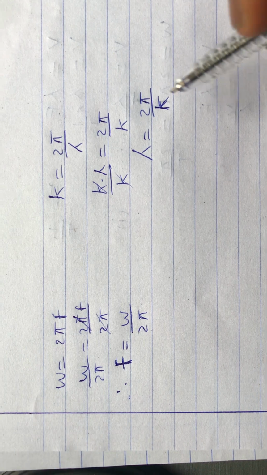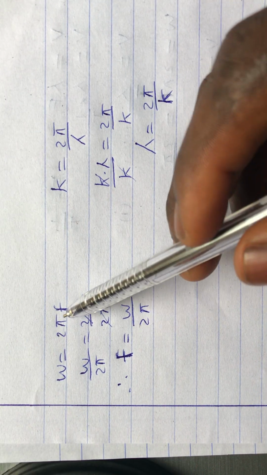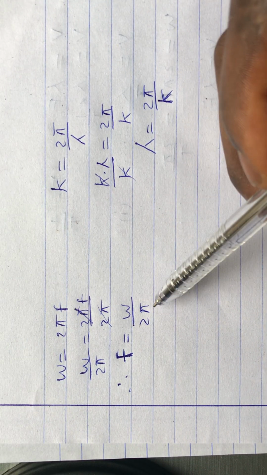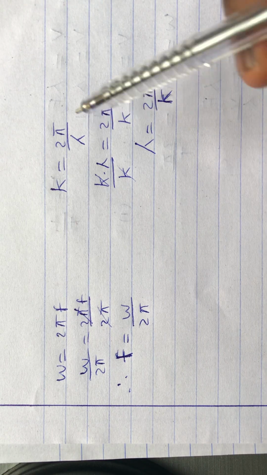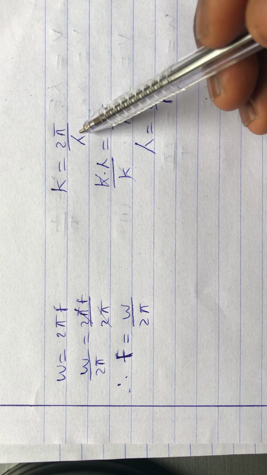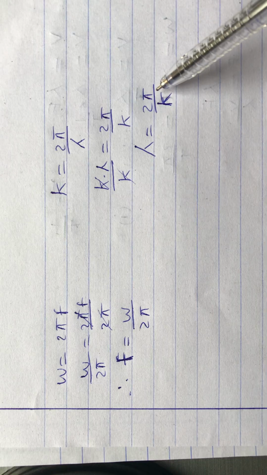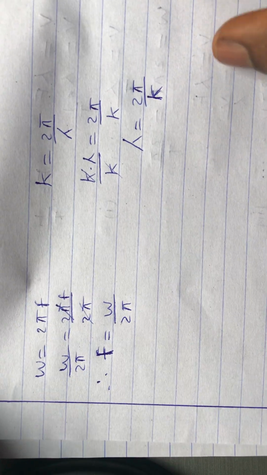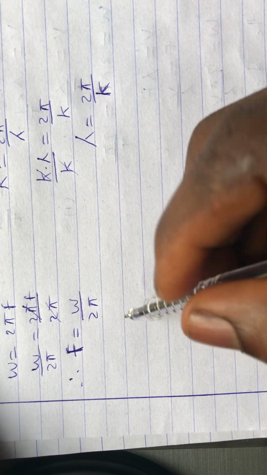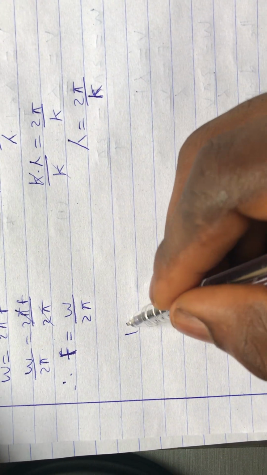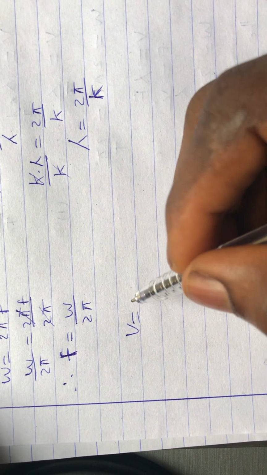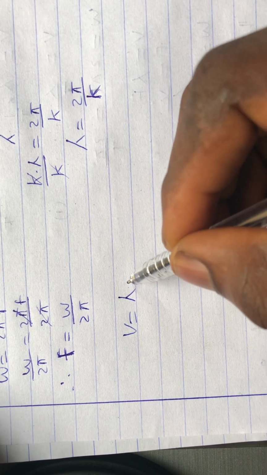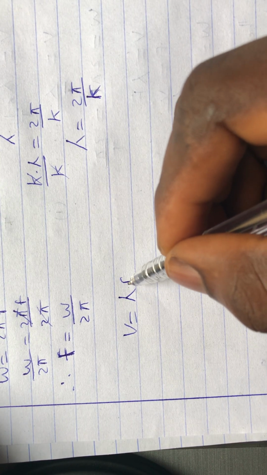So you guys can see it. When we make f the subject of the formula, we have W all over 2 pi. When we make lambda the subject of the formula, we have 2 pi all over K. Now, listen attentively. In the beginning, I told you guys that our V is equal to lambda times f.